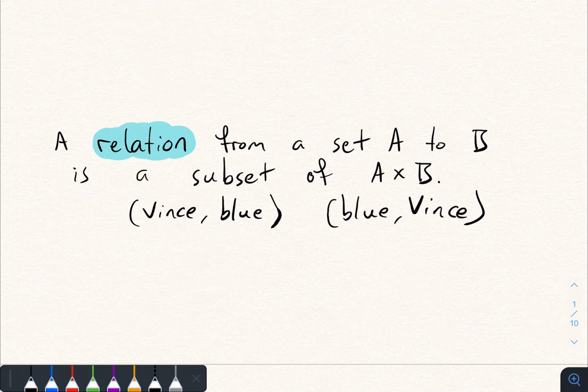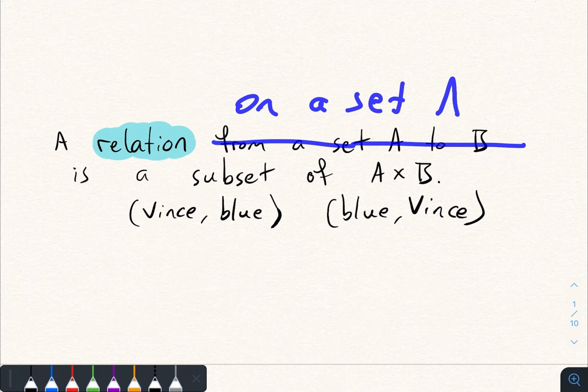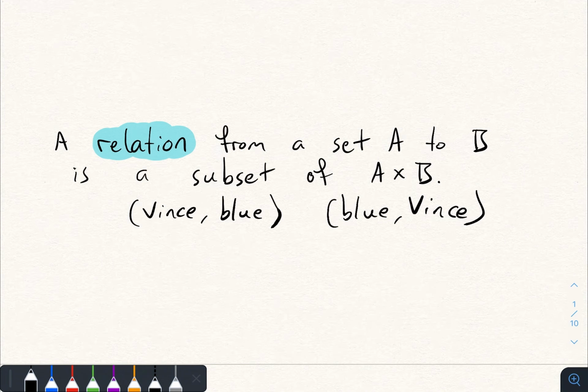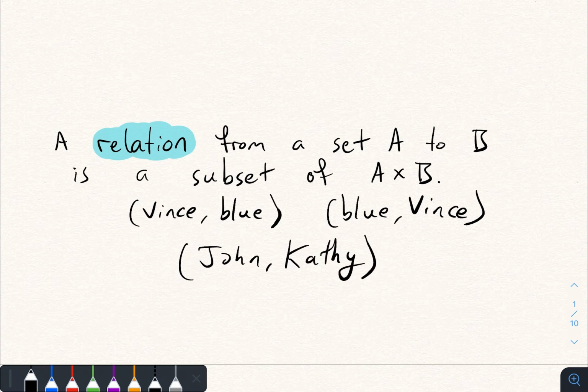You could say that a relation on a set A is just a subset of A cross A. That would be like one of our earlier examples, where if John likes Kathy, then (John, Kathy) would be an element of our relation.